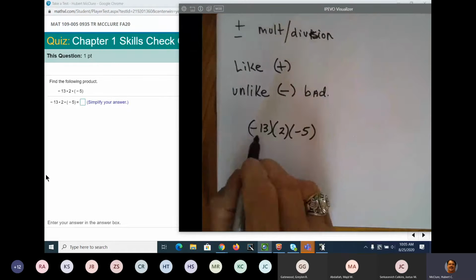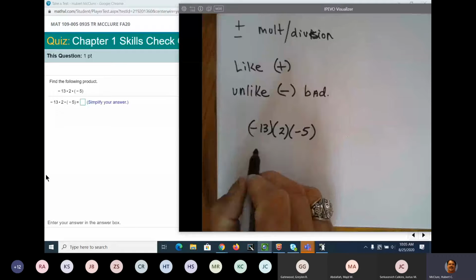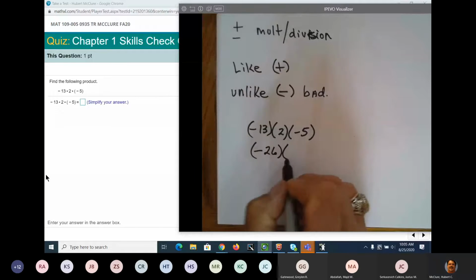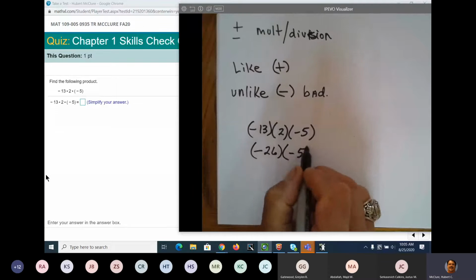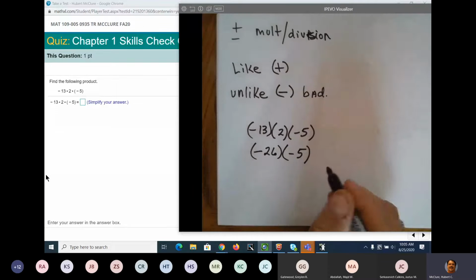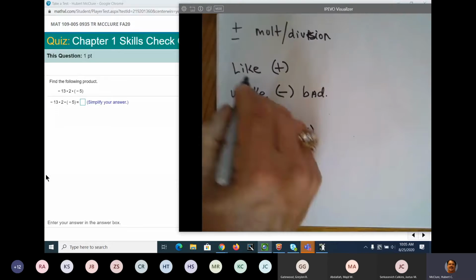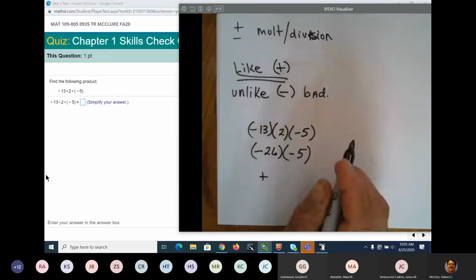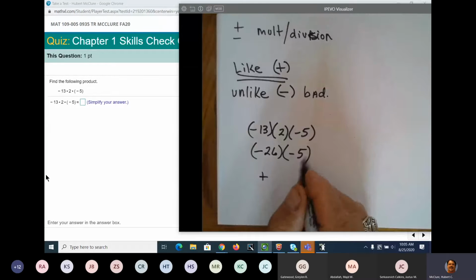Negative 13 times positive 2 is negative 26. And negative 26 times negative 5 is going to be a positive number because like signs. And that's going to be what? Well, 5 quarters is $1.25. So what is that, 130?